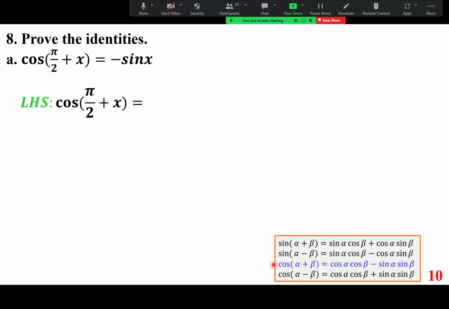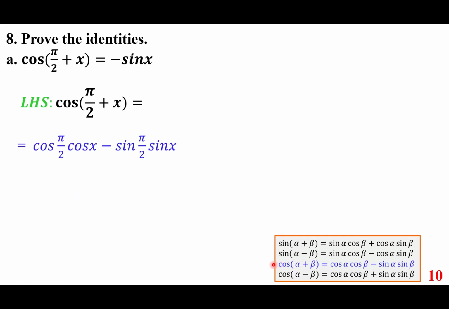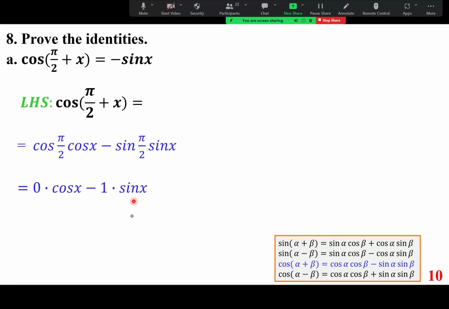So cosine of alpha, cosine of beta, minus sine alpha, sine beta: cosine of pi over 2 cosine x, minus sine pi over 2 sine x. And we know cosine of pi over 2 is 0, sine of pi over 2 is 1. So plug them in. And this goes to 0. This is simply negative sine x. That's the proof. We're done.